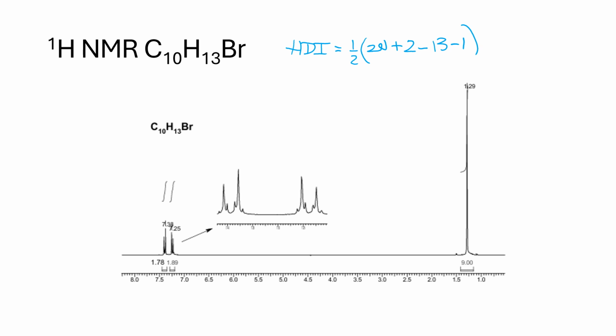So that's 22 minus 14, that's 8 over 2. That's 4 unsaturations, right? When you have this many carbons, remember, it is almost always a benzene ring.